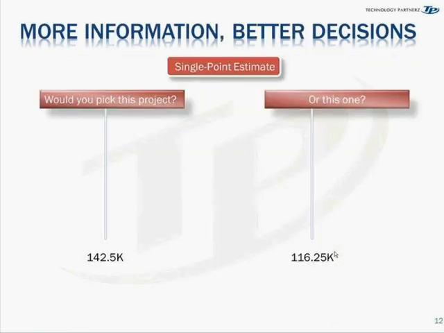So the question we ask, and Matt, I'm going to have to ask you here: if you had to pick a project, and I came to you and said, I've got this project at 142.5, and another one here at 116, which one would you pick for their NPV?